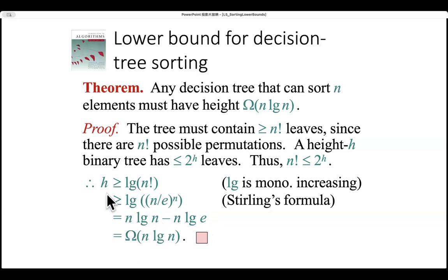So we know the height is greater or equal to omega n log n. So this is a lower bound of the height of such a decision tree.